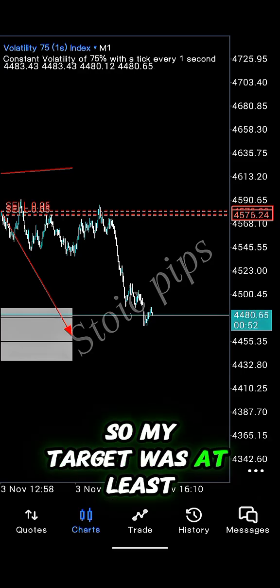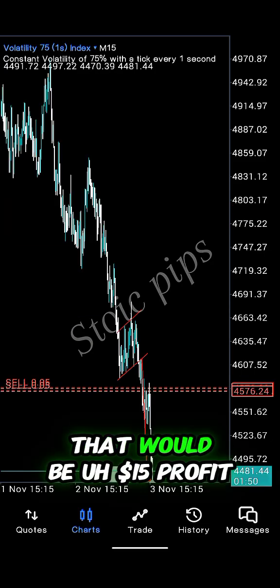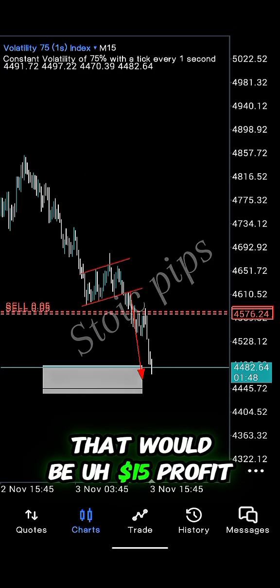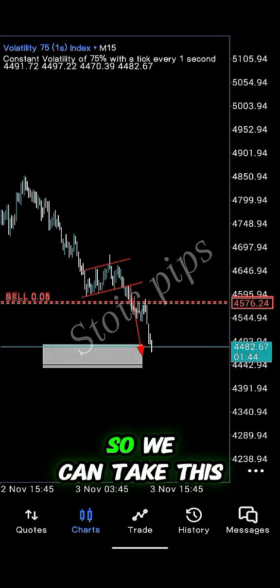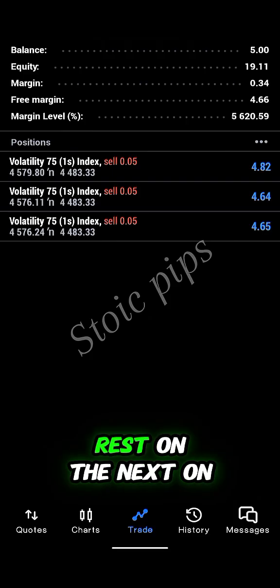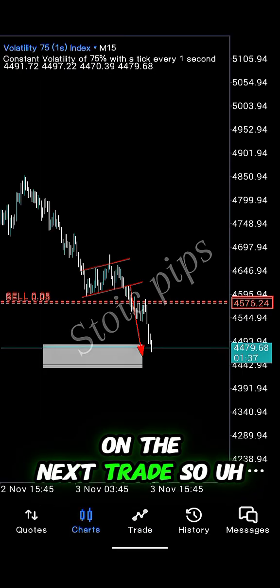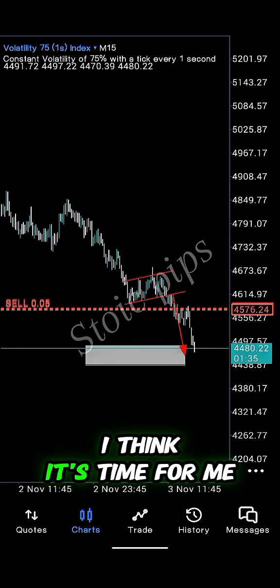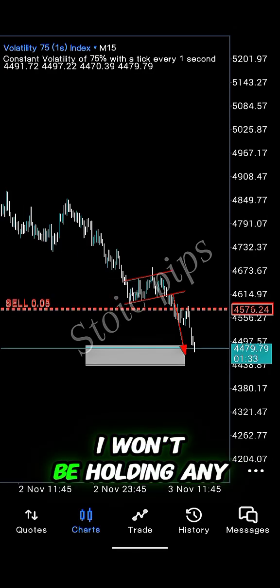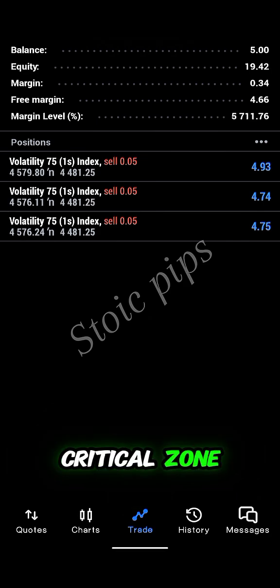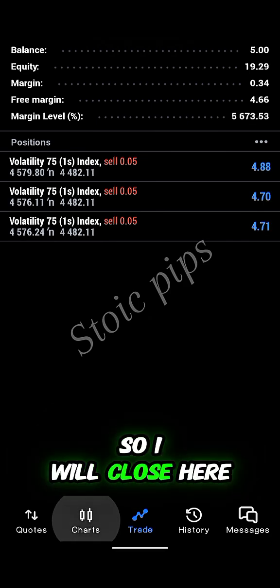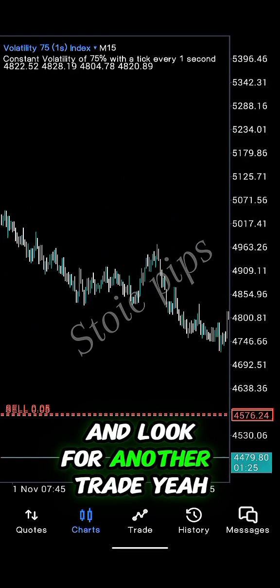So my target was at least $20, that would be $15 profit, but this is still okay. So we can take this and we shall get the rest on the next trade. So I think it's time for me to close. I won't be holding any longer because price has reached a critical zone. So I will close here and look for another trade.